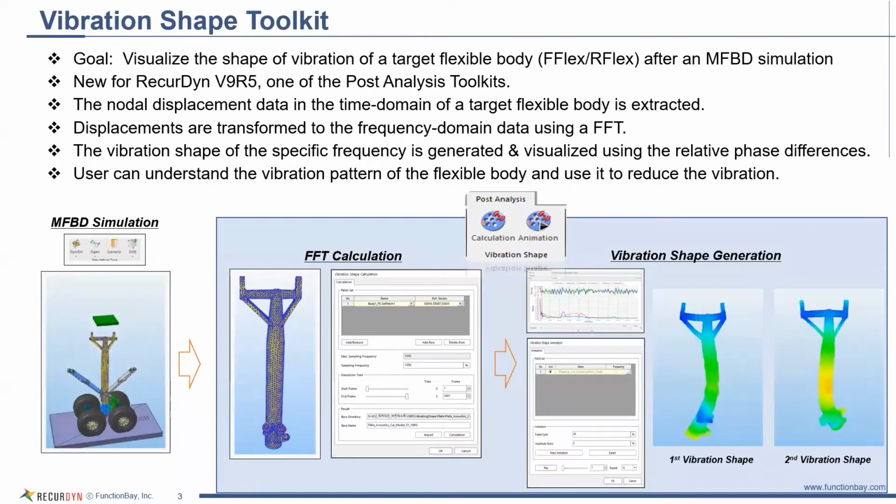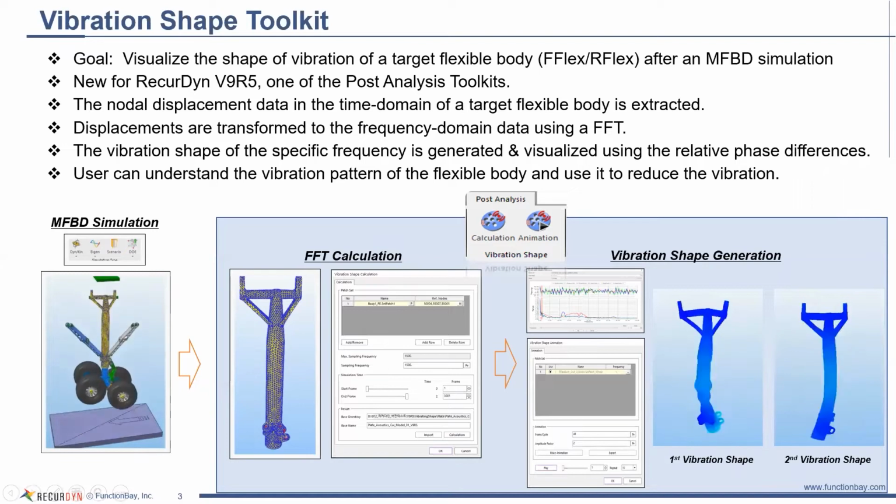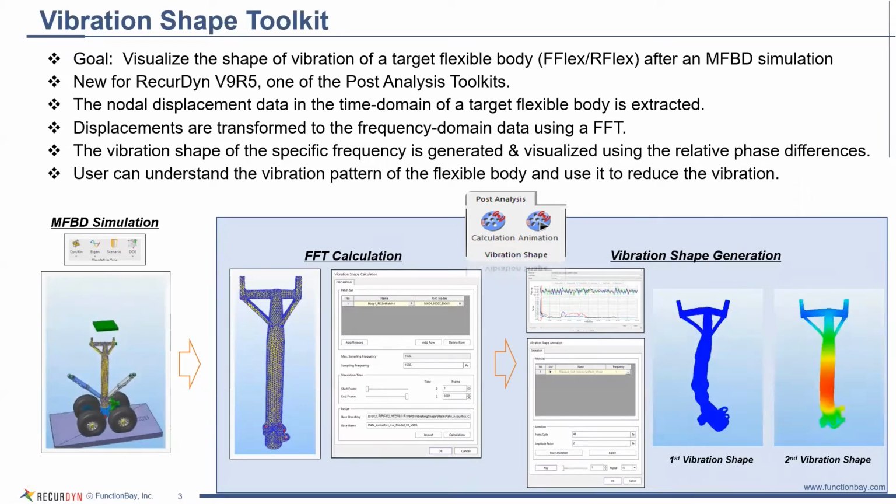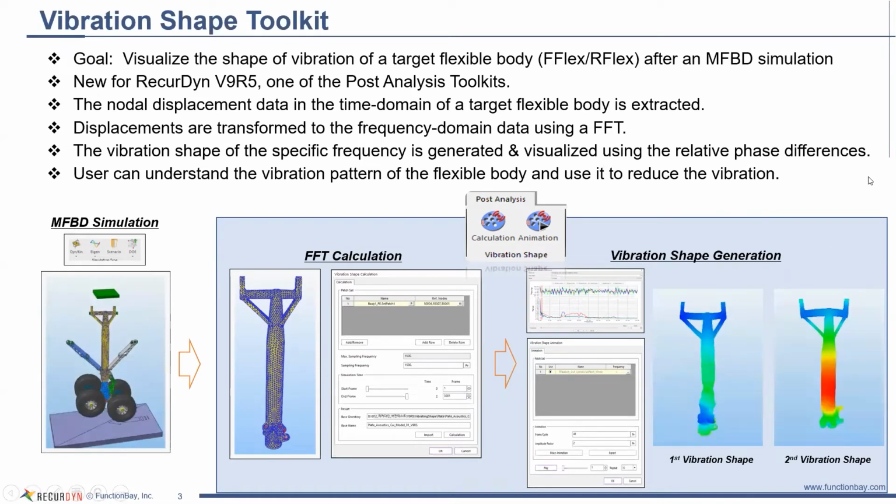With this kind of feedback, the engineer can look at these results, and it helps guide decisions as far as how to address any kind of vibrational problems. So that's the purpose of this toolkit, to provide that guidance.